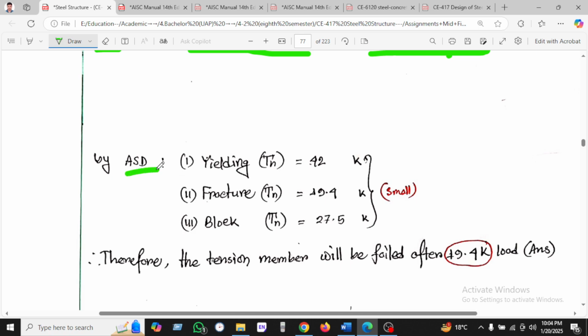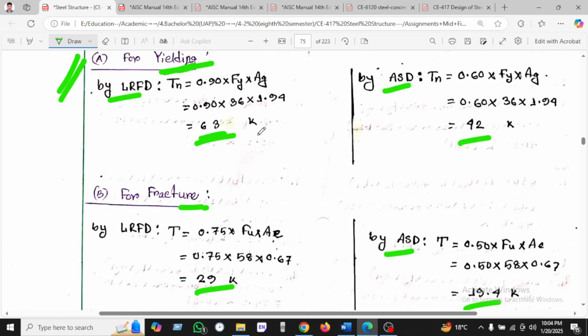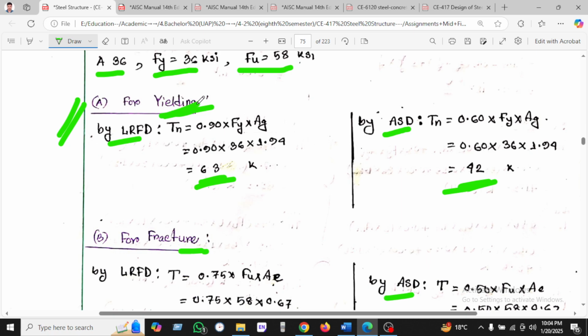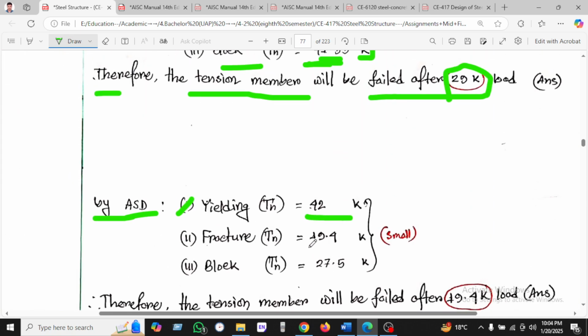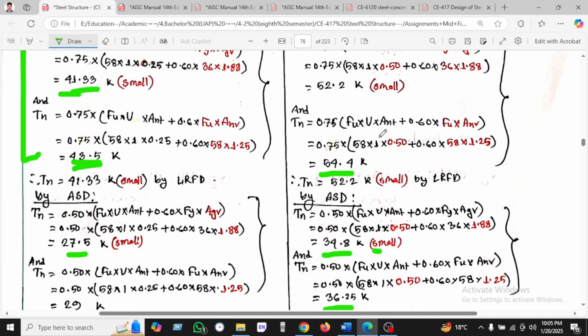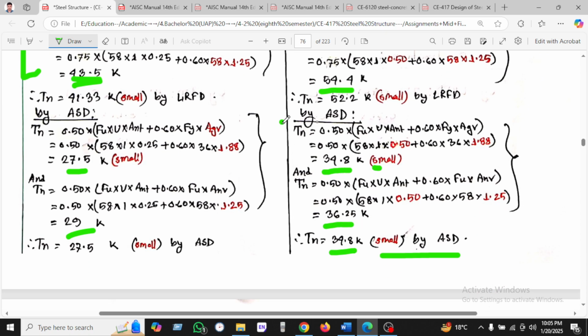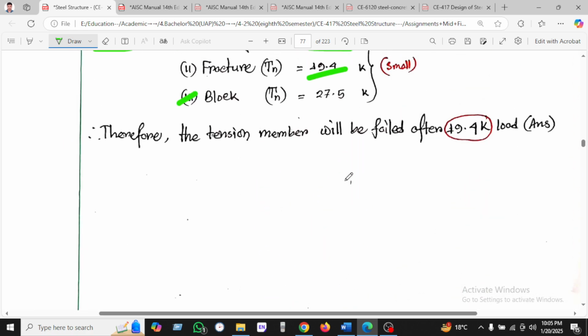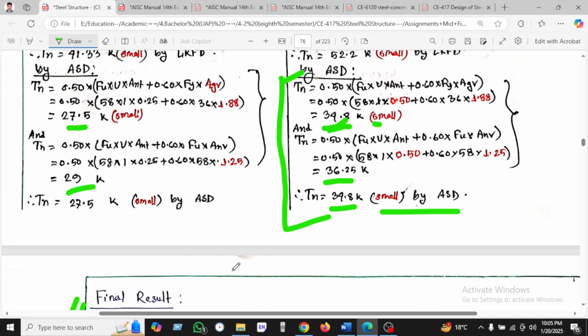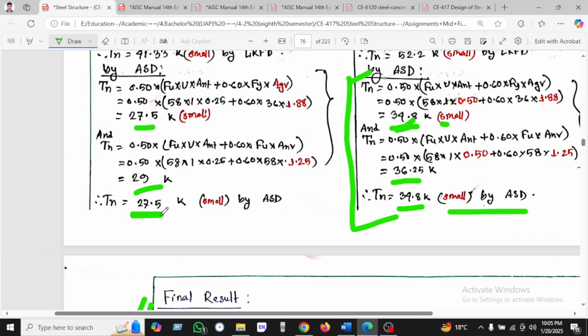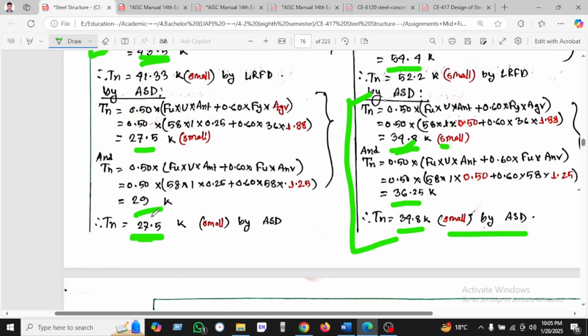In the same way, if we summarize the ASD method, the yielding load is 42, for fracture we found 19.4, and for block shear we found 34.4 and 27, which is the lowest value.